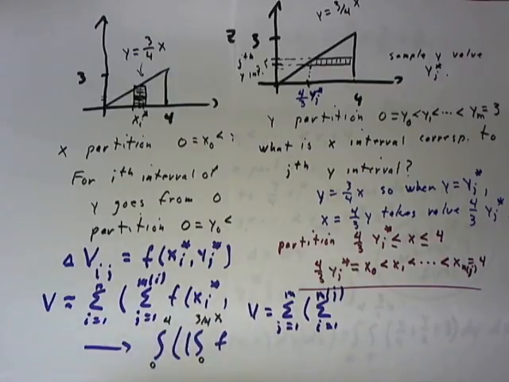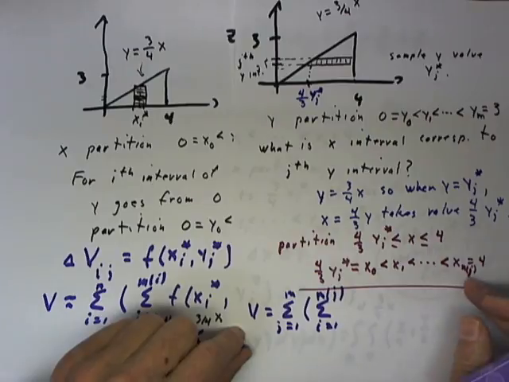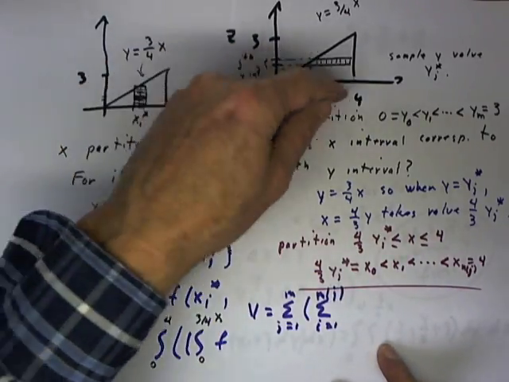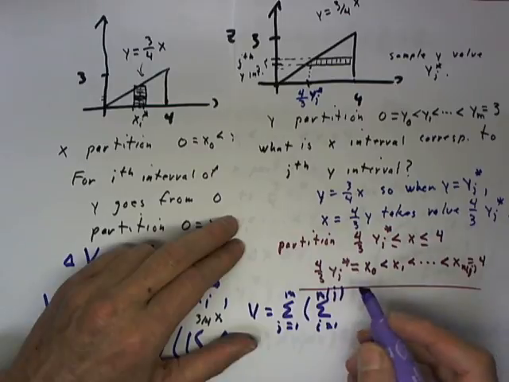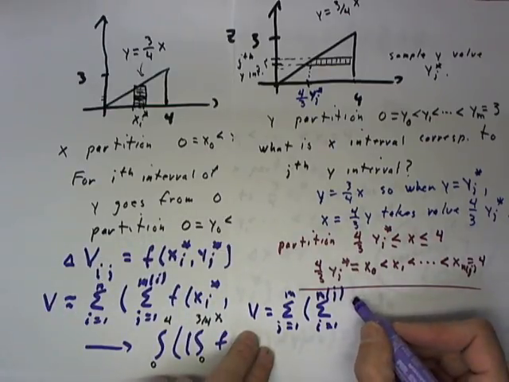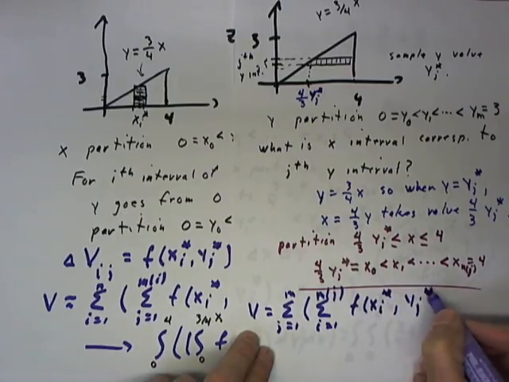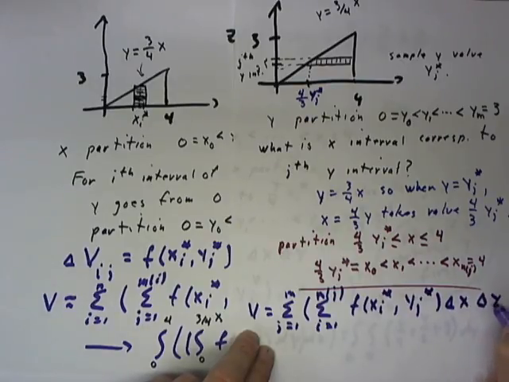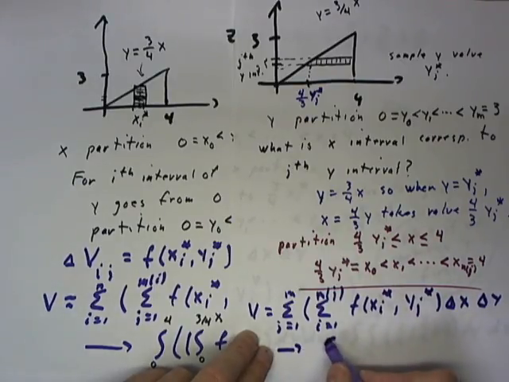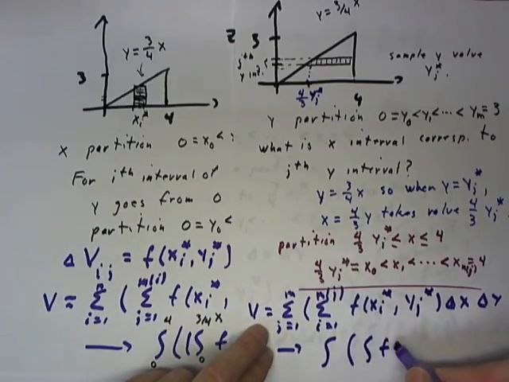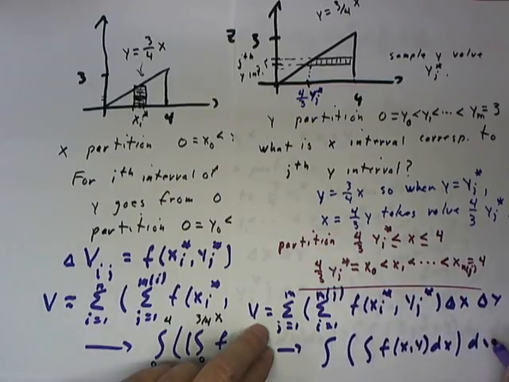So we go from i equals 1 to n of j, some number of intervals, it depends on which y interval we're partitioning to start with, and that's then going to be a sum of f of xi star yj star delta x delta y, and that's going to approach the integral of f of x y dx dy.